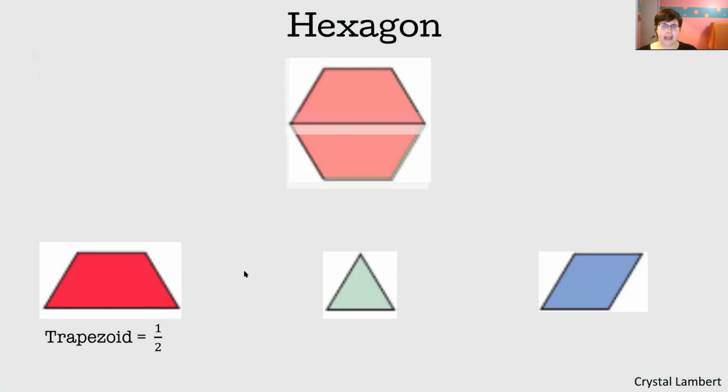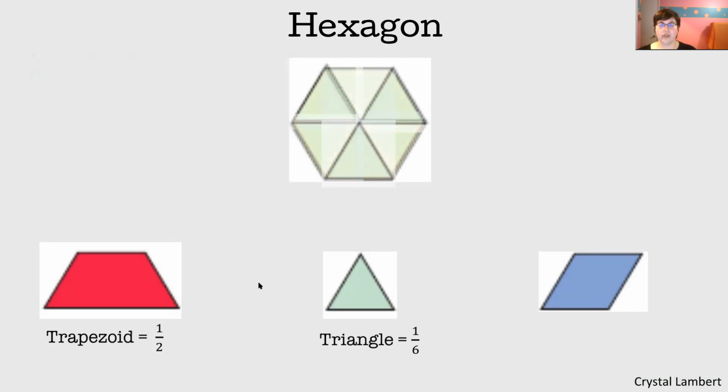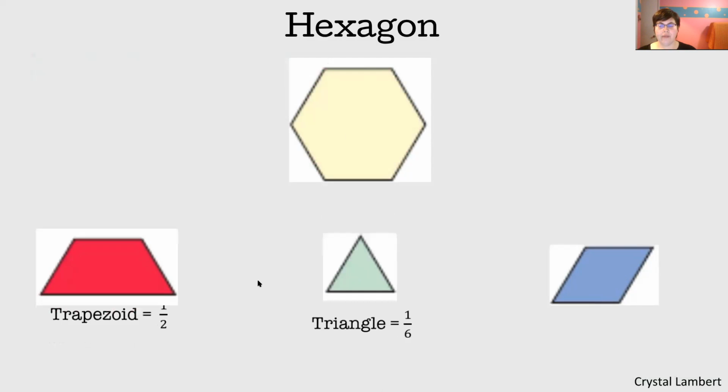Okay, finally got it out. Here we go. Next, we have the triangle. So we have 1, 2, 3, 4, 5, 6 triangles. So our triangle is 1/6 of the hexagon. For the rhombus, we have 1, 2, and we see 2.5, and there's another half, so that's 3.